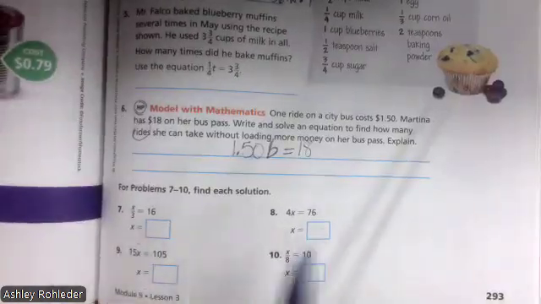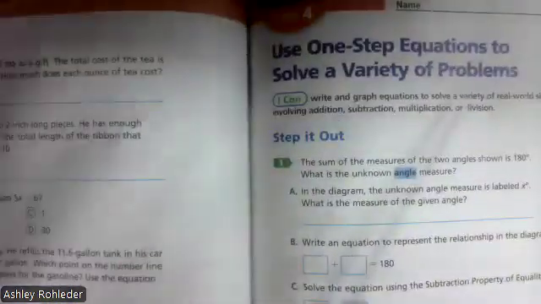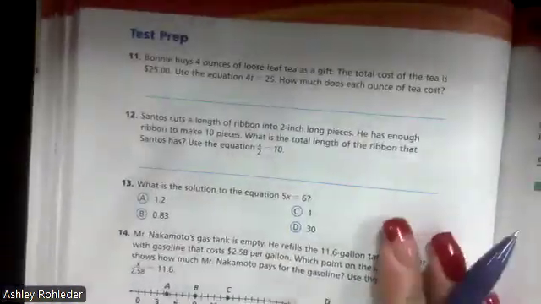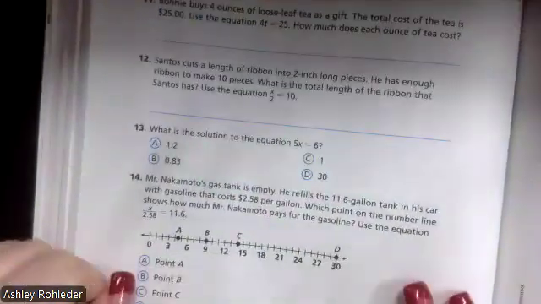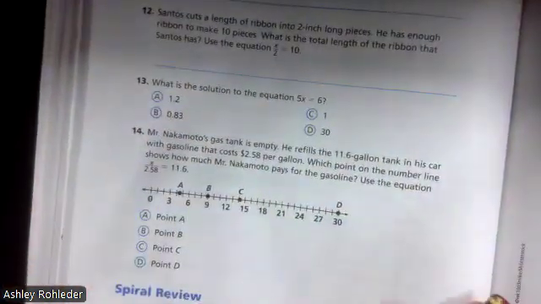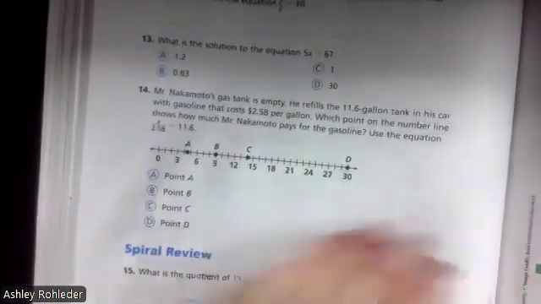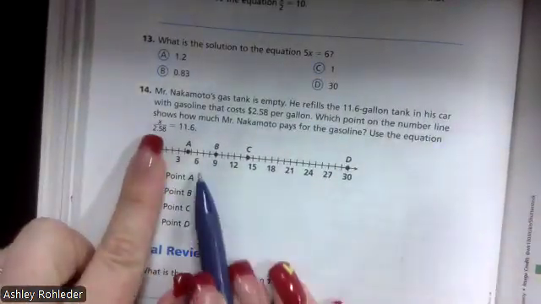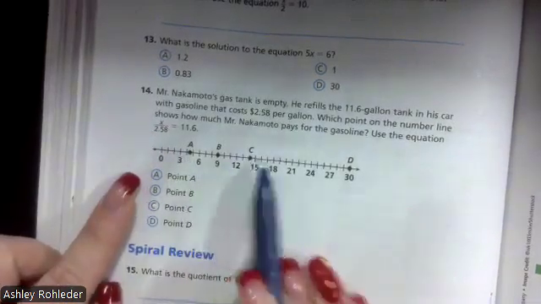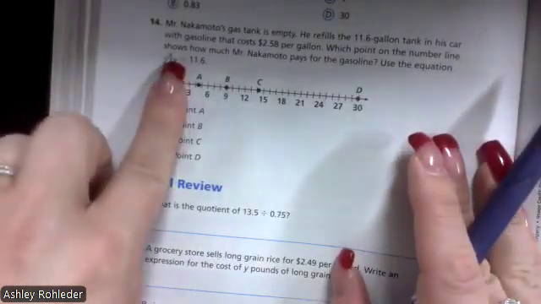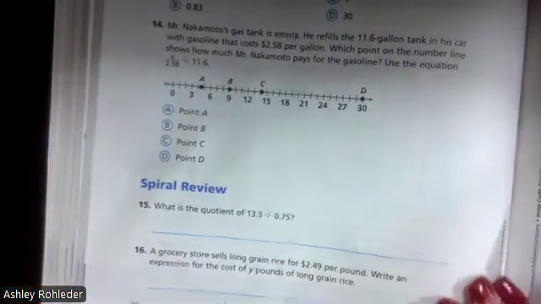Okay, you'll solve 7, 8, 9, and 10. They give you the equation on 11 and 12. 13, you're solving. 14, you're going to solve, and for your answer, you have to figure out where it would be and color that in on the number line, right? So you still have to do the work and solve it.